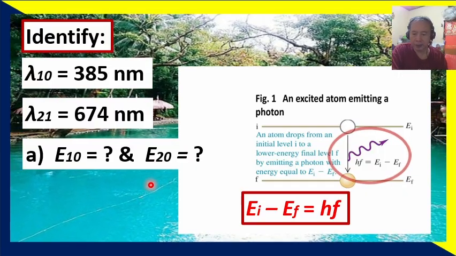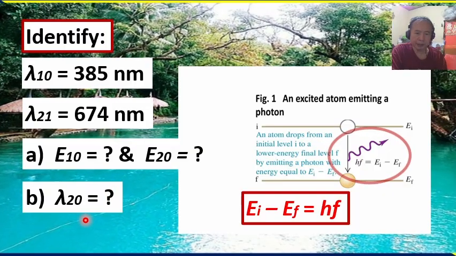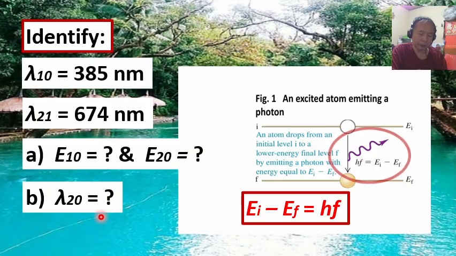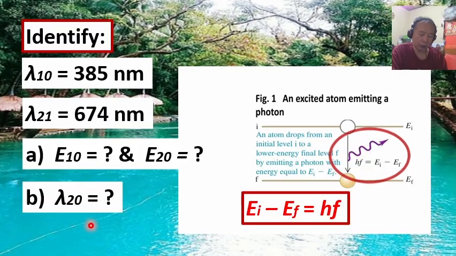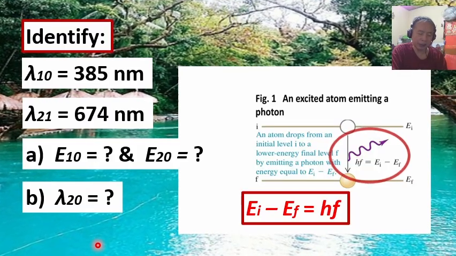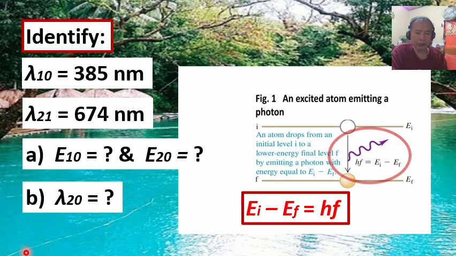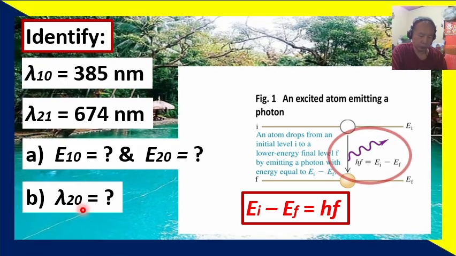And then in part B, our target variable is the wavelength of the photon emitted when the atom transitions from the second excited energy level to the ground level, denoted here by lambda sub 20.